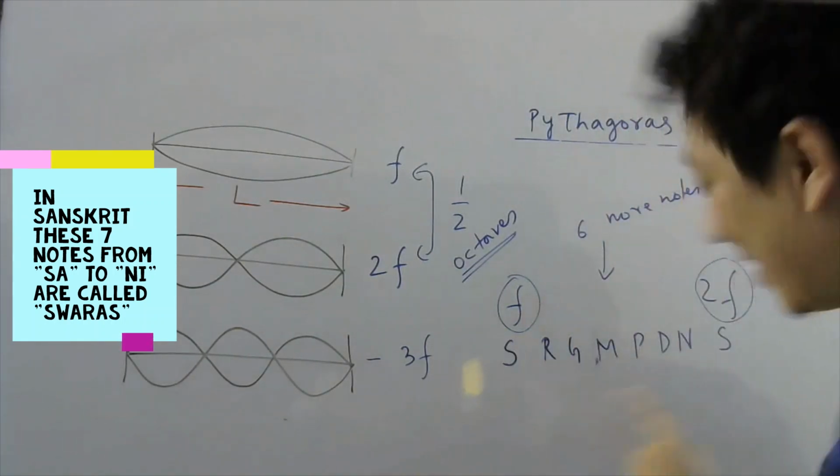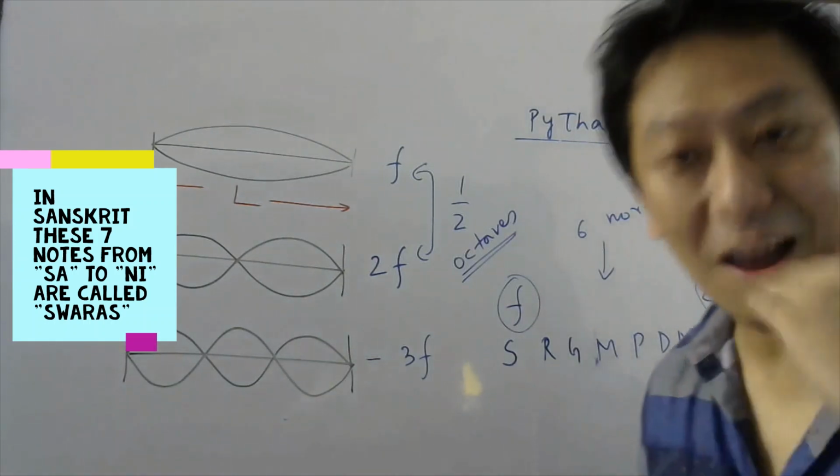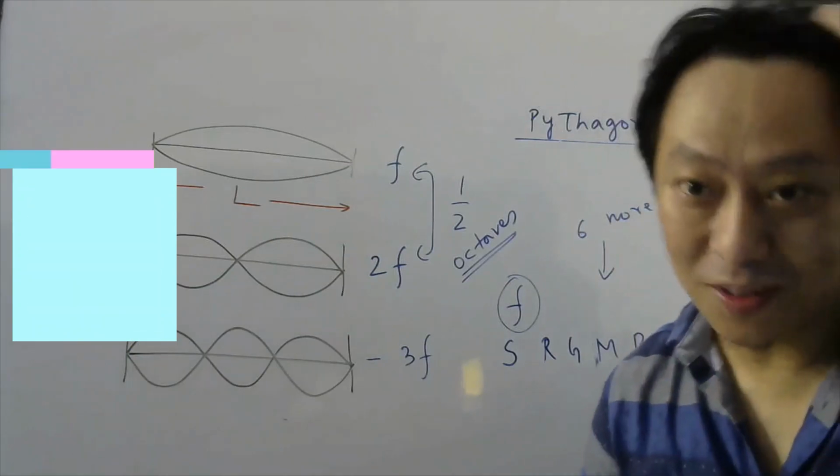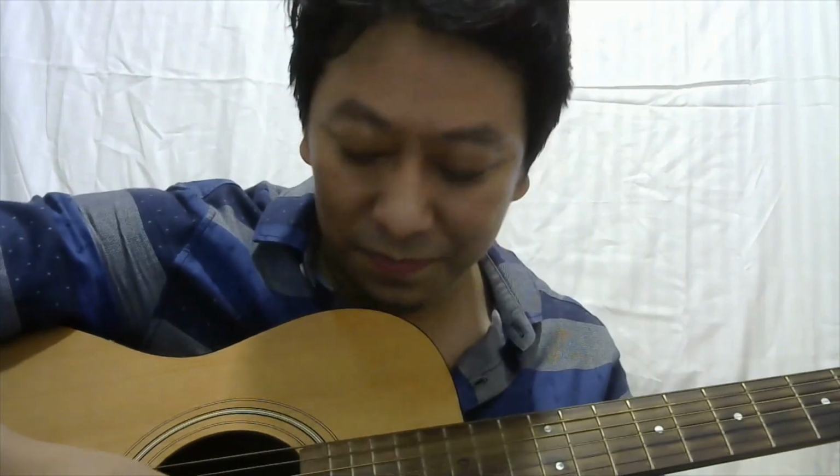However, notice that this sa has a higher frequency than this sa, and I would like to show you with a demo. So you remember that if I decrease the length of the string, the frequency increases, right? So I'll start from the small frequency. So this is my sa.